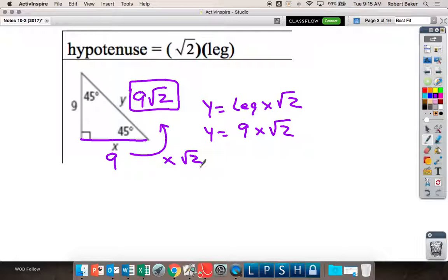How do you think you'll go from the hypotenuse to the leg? If you go from the leg to the hypotenuse, you multiply. How do you go backwards? Divide. So there are two different things we're going to be doing today: either multiply by the square root of 2 or divide by the square root of 2.